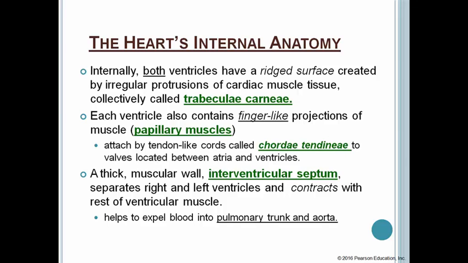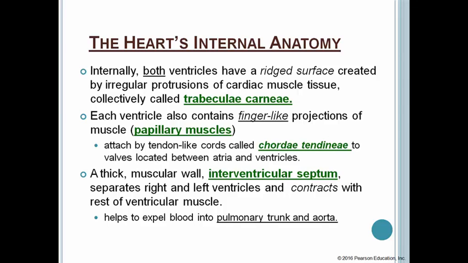They attach to the valves, which are the AV valves between the atria and the ventricles. So the lining of the ventricles, known as trabeculae carneae, the ridged surface protrusion of the cardiac muscle tissue, an extension of that into these finger-like projections would be the papillary muscles, and attached to them are these tendon-like cords that are going to attach to the AV valves between the atrium and ventricle that are going to again keep that one-way flow of blood.